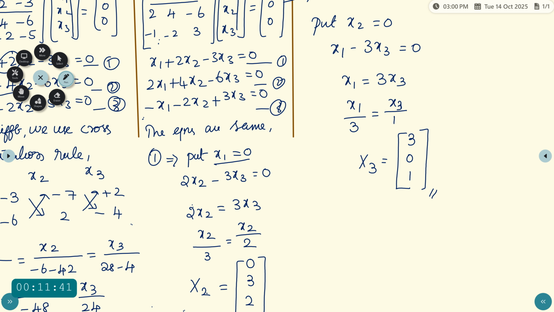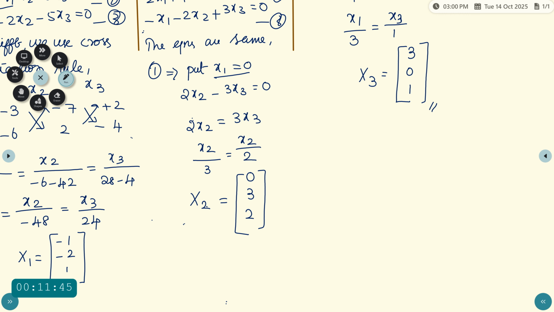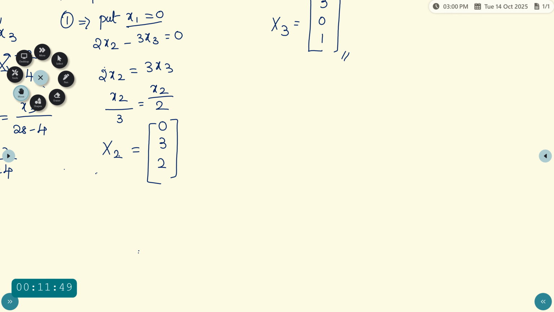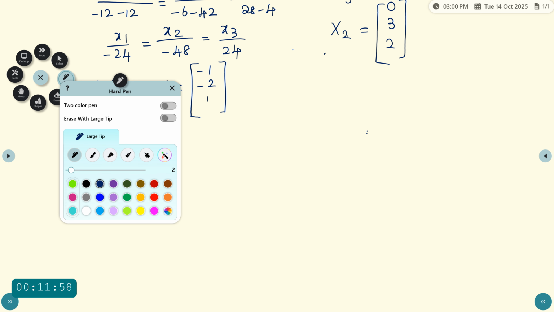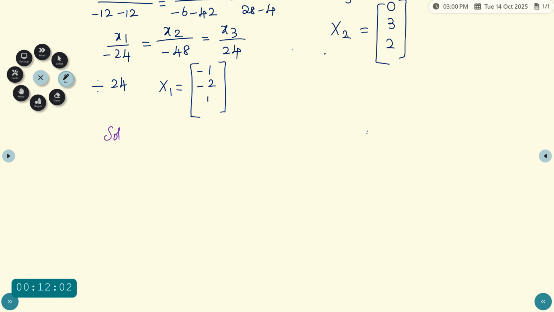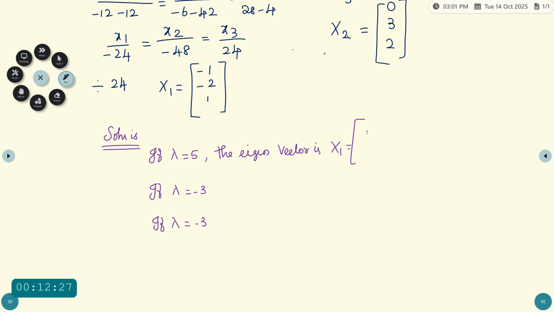So finally, you write the conclusion. The solution is: if lambda equal to 5, if lambda equal to minus 3 and if lambda equal to minus 3, the eigenvectors are: capital X1 equal to 1, minus 1, minus 2, 1 for lambda equal to 5. And for lambda equal to minus 3, capital X2 equal to 0, 3 and then 2.